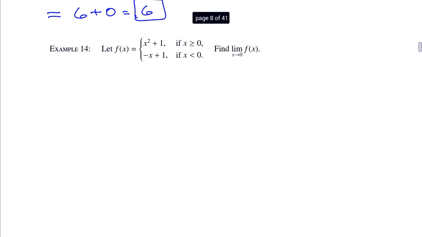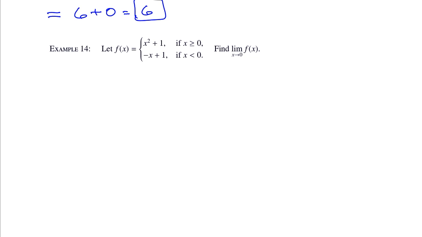Example 14. In this one, we have a piecewise function. f of x is equal to x squared plus 1 if x is greater than or equal to 0, and it's equal to negative x plus 1 if x is less than 0. We want to know the limit as x goes to 0 of f of x.